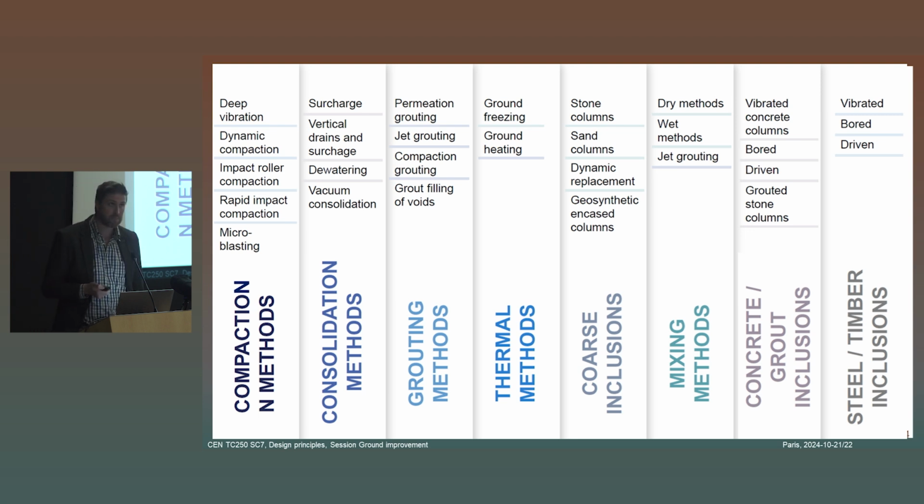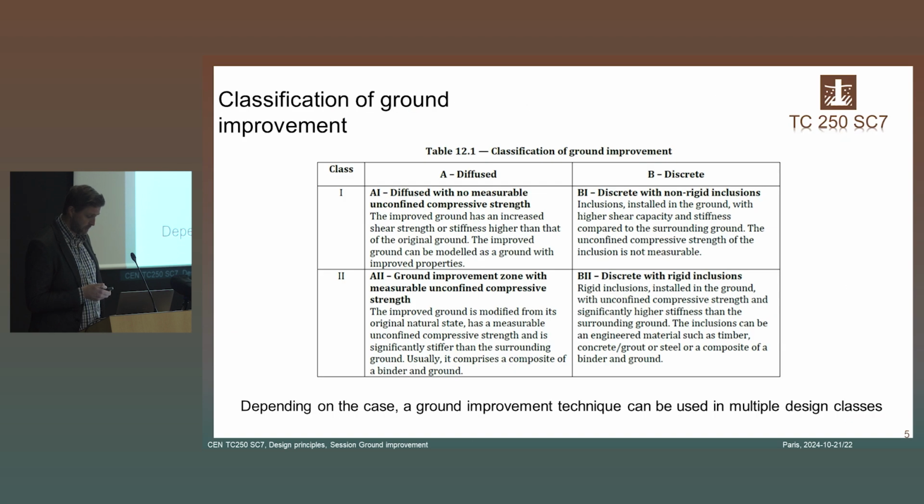We have compaction methods, we have consolidation methods with vertical drains, surcharge, we have grouting methods with the use of mixture, water, cement, with specific resin sometimes. We have the thermal methods, and we can also add inclusions into the soft soils with different nature of inclusions.